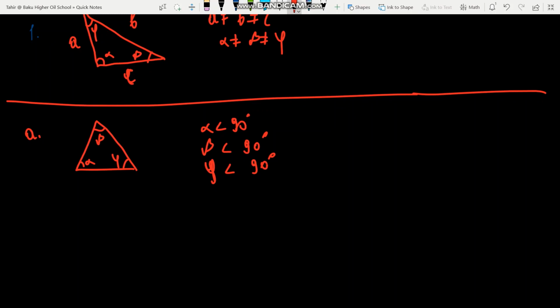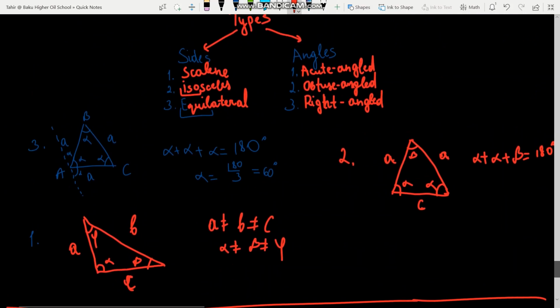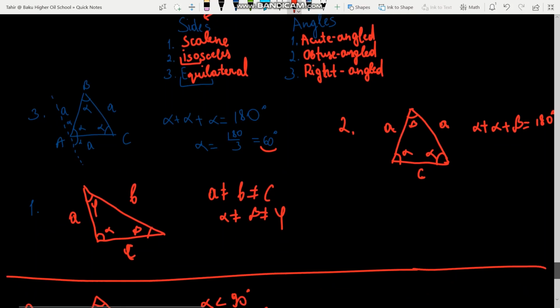For example, let's compare this type of triangle with the ones that we covered. Here we can definitely say that equilateral triangles, as we know that each angle is equal to 60 degrees, can be categorized into the group of acute angled triangles.